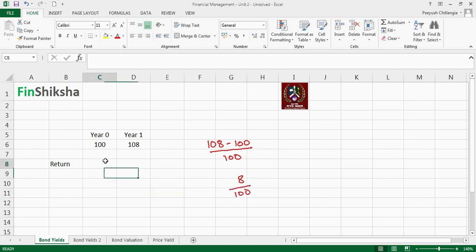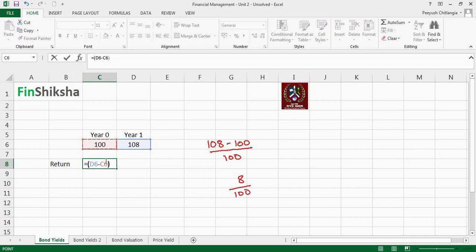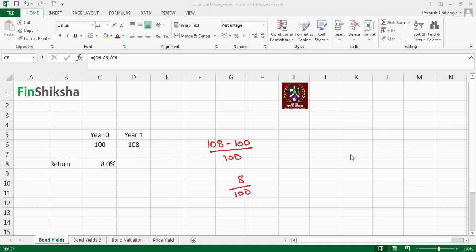Let's calculate the return here. If this was bought at the correct price, that's 108 minus 100 divided by 100, and let's convert it to percentage. That's 8%.